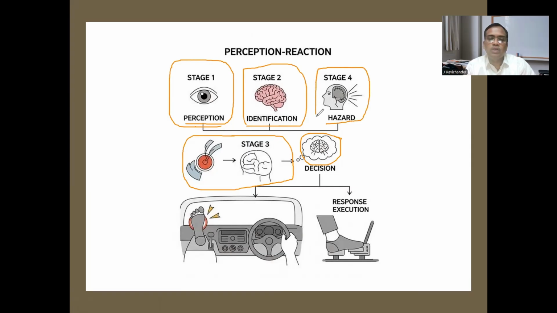According to that, you are going to take some action. For example, when you are driving a car on the road, whether you have to apply the brake, turn left or right, or increase the speed depends on this perception and reaction. So this is regarding perception and reaction.